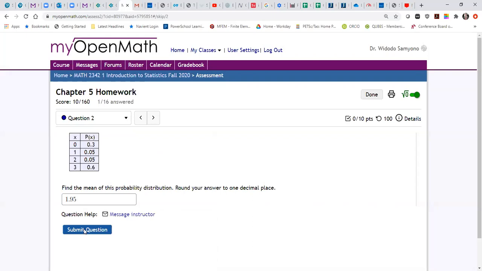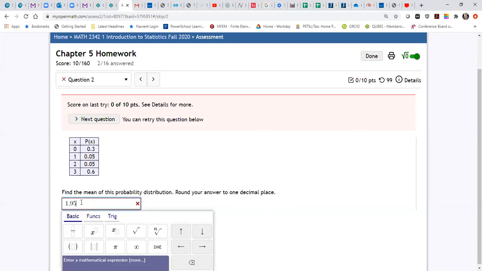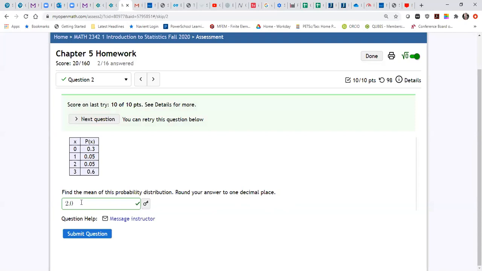Let's see, what is wrong? Find the mean of the distribution of the random variable. Oh, okay. You need to round to one decimal place. So if you round 1.95 to one decimal place, you get 2.0.